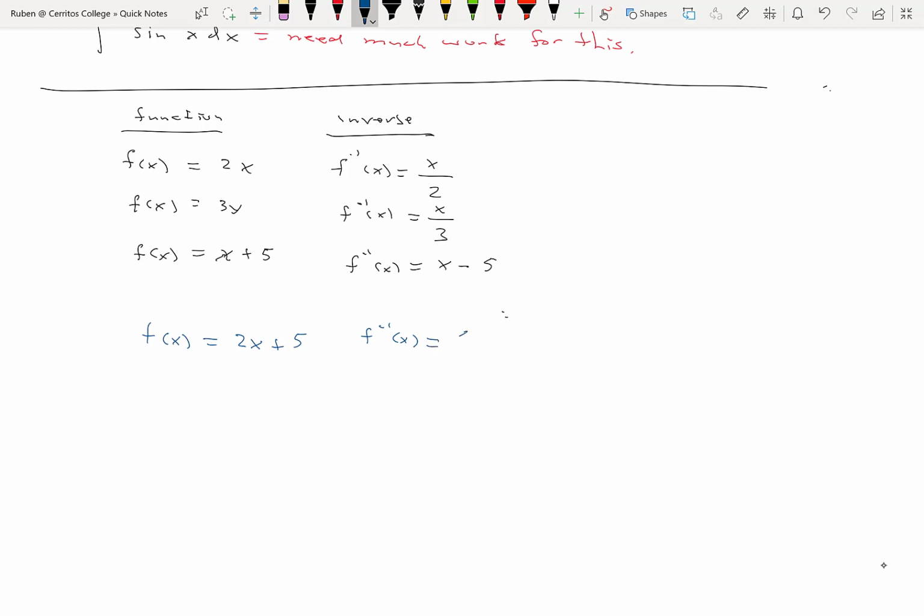Is it subtracting 5 and then dividing by 2? Or is it dividing by 2, x over 2, and then subtracting 5? And we know, because we've had inverses a couple of times before, that it's subtracting 5 first and then dividing by 2. But why should that be?